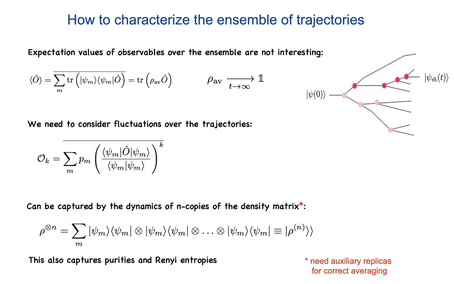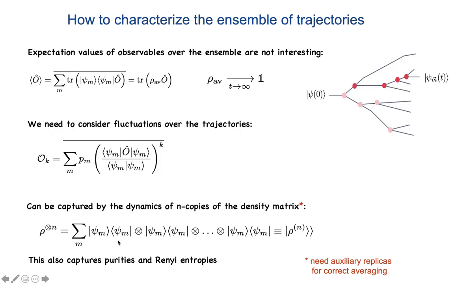If we want to capture moments of these operators, we cannot capture them by the average density matrix, but we can capture them by looking at moments of the density matrix. We can capture the second moment, for example, up to some subtleties that require auxiliary replicas. I'm not going to talk about it now, for time. But we can capture the nth moment by n copies of the density matrix propagating on this circuit and then averaged over the circuit elements.